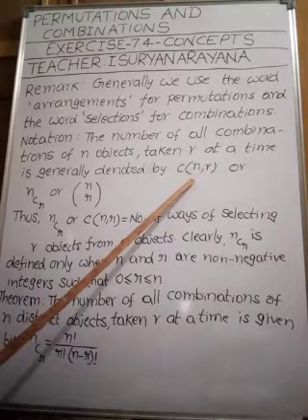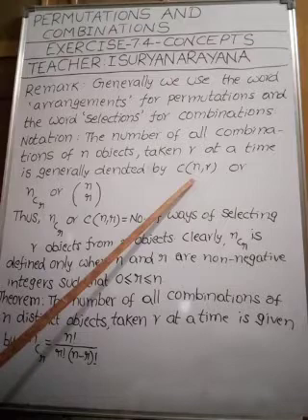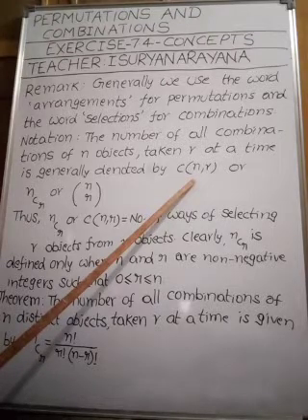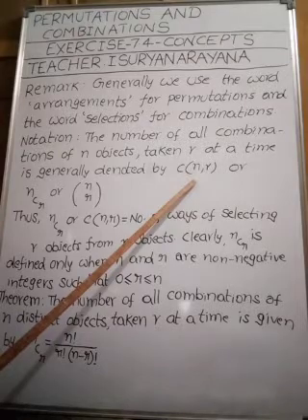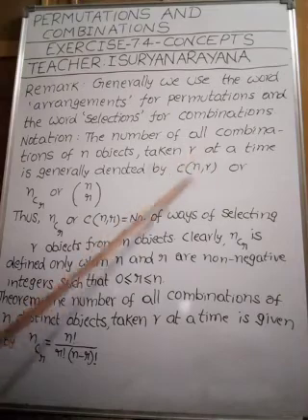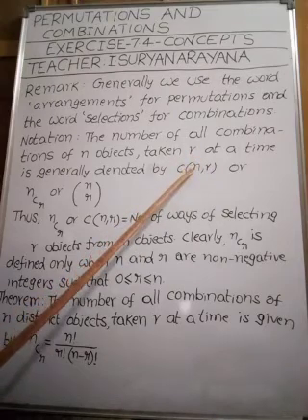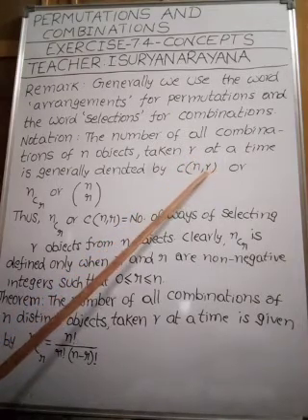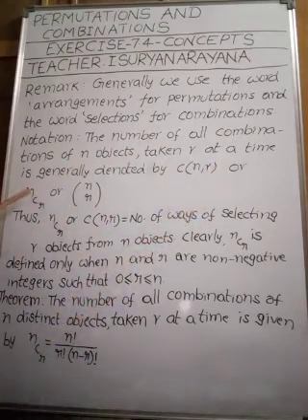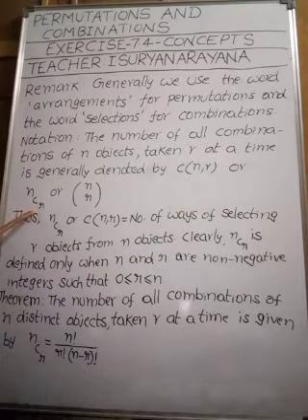This is not a point in the coordinate system. In the Cartesian plane, this does not denote a point. This is the combination of n objects taken r at a time, or nCr, same as in the case of nPr.